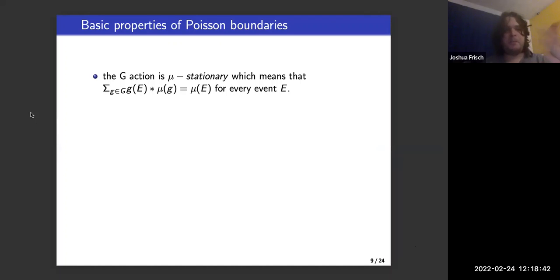So first of all, again, the action of G on the Poisson boundary is stationary, which just means if I apply a random element, chosen with respect to mu, well, this is horrible notation on my part, but on average, the measure of a set is not going to change from this.